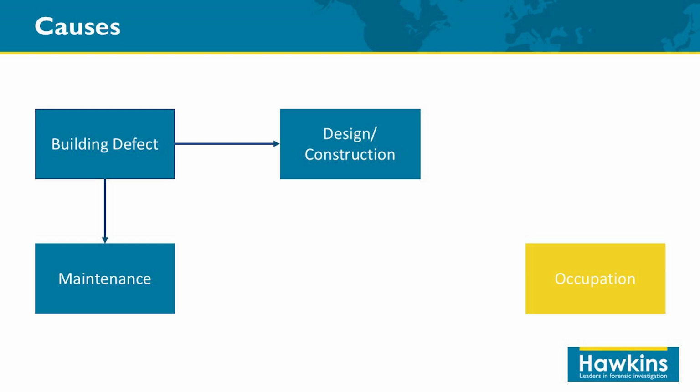There's also the sort of human factors: occupation, how people are using it, how they're occupying it, how many people there are, that sort of thing, that will lead potentially to issues. Some of the standards, building regulations.